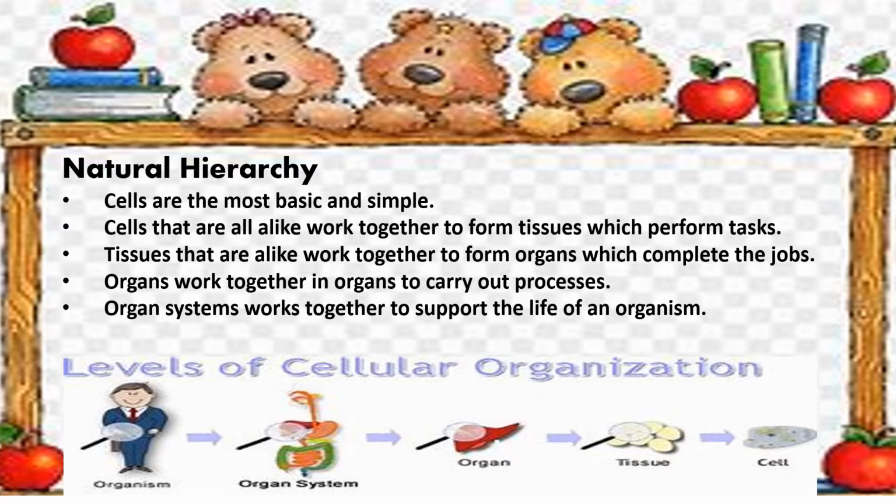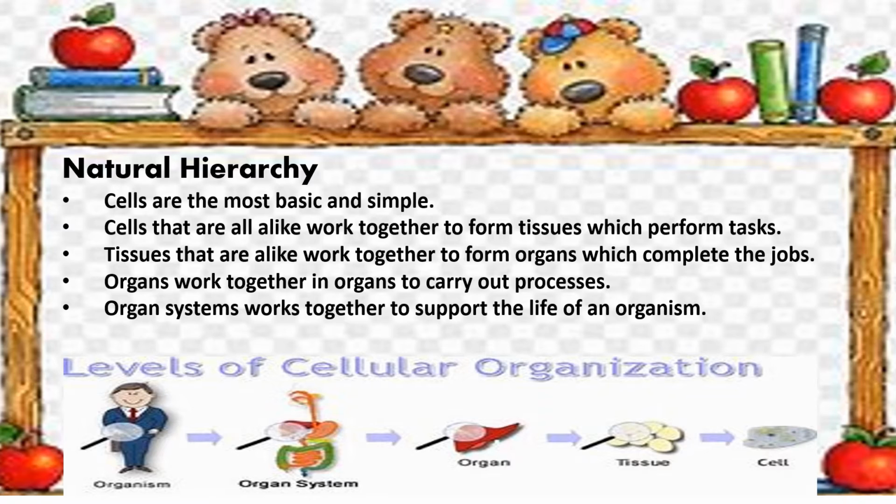Then organs work together to carry out processes. Then you have now the organ system. And these organ systems will now work together to support the life of an organism. So that is for our survival.